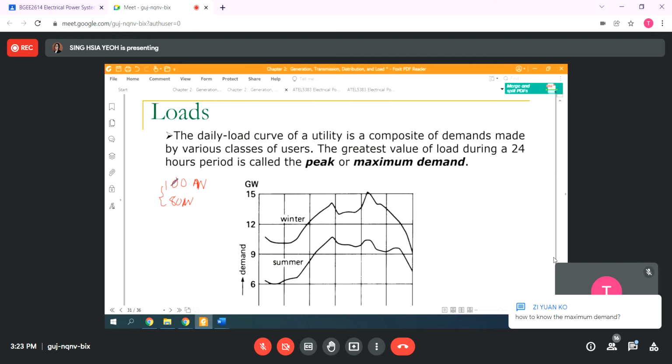If you can't hit the maximum demand, you need to pay for the difference as a penalty. And this penalty can sometimes cost a huge amount on the bill that the company has to pay.